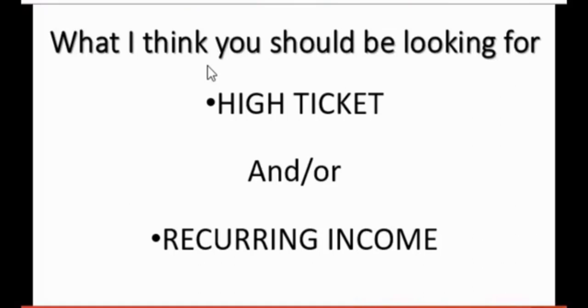This is what I recommend you get into, because the recurring income provides stability to your income. If you've got a product that gives you a monthly recurring income, as long as people stay joined up to whatever it is that you're promoting, and then the high ticket enables you to scale up your business very, very quickly, and turn this into a full-time business.